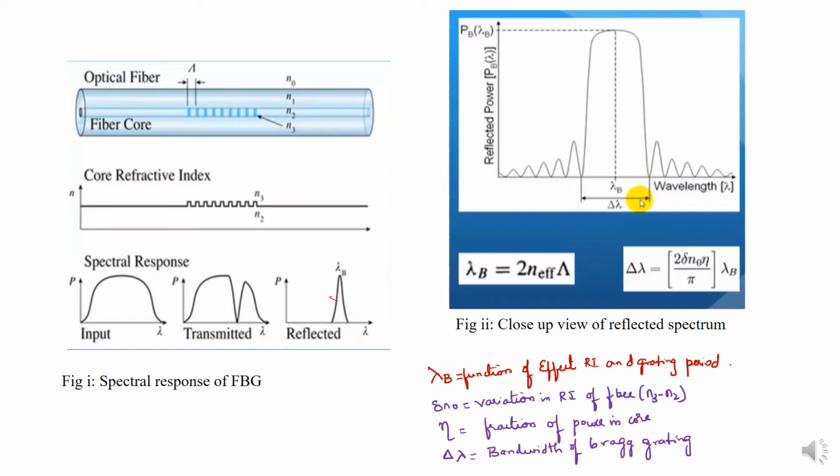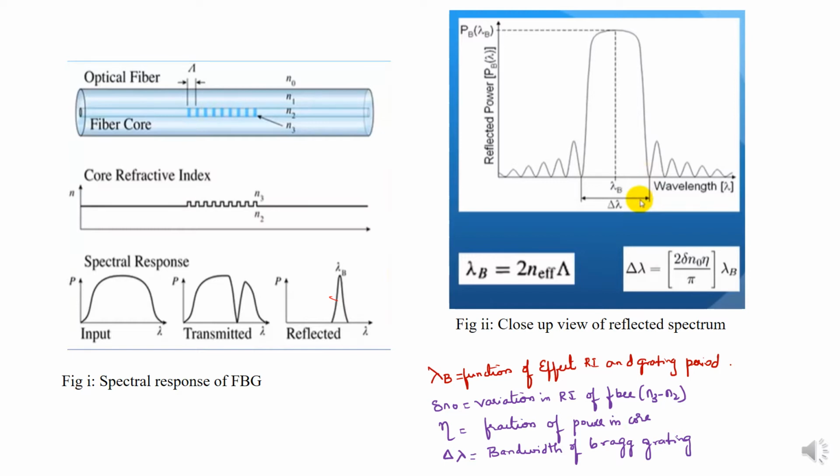The close-up view of the reflected spectrum is shown in figure 2. We can see there is a lambda B, which is called the Bragg grating wavelength. It is also called the central wavelength that is reflected back from the FBG. It is given as a function of the net refractive index and lambda.